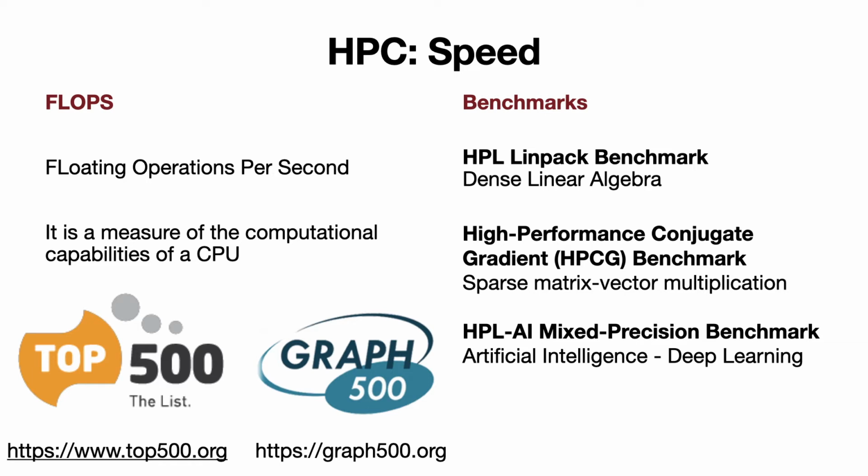So a different set of benchmarks has been created to get a more balanced picture of the capabilities of those clusters. There is also the HPCG, which is concentrated on conjugate gradient calculations, basically sparse matrix-vector multiplication, dealing with sparse matrices that require different techniques and different algorithms.